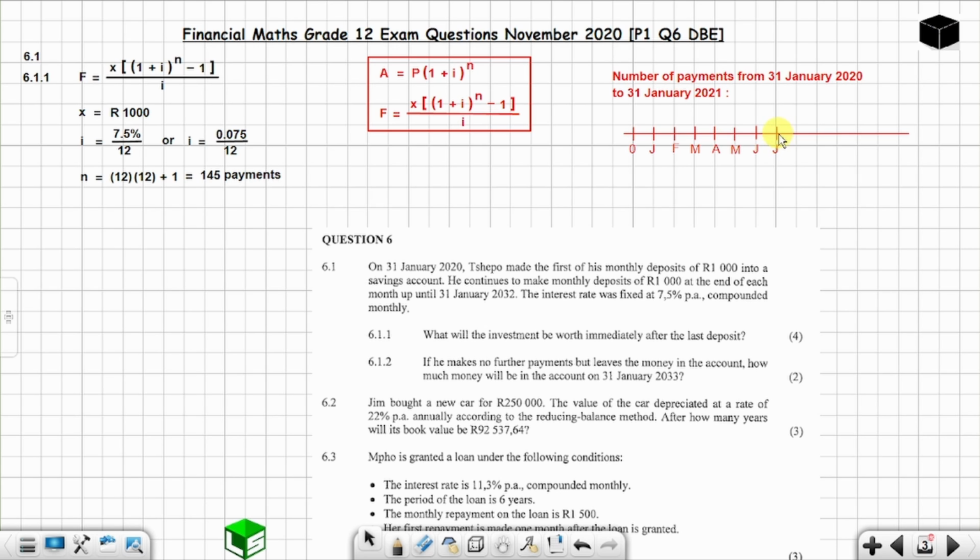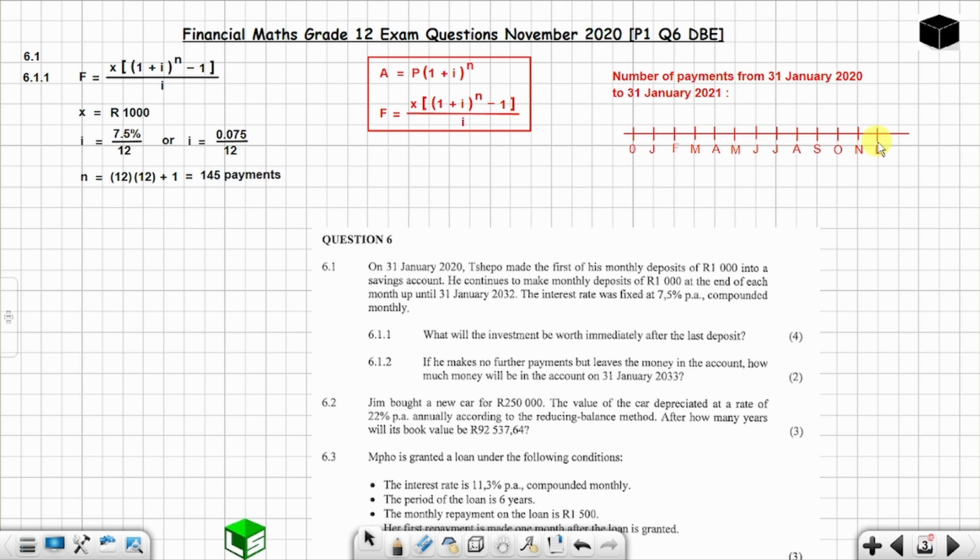You start with August, end of August. You start with September, end of September, right? You start with October, end of October. You start with November, end of November. You start with December, end of December 2020, and you carry on.